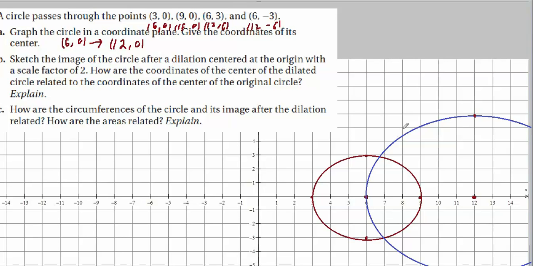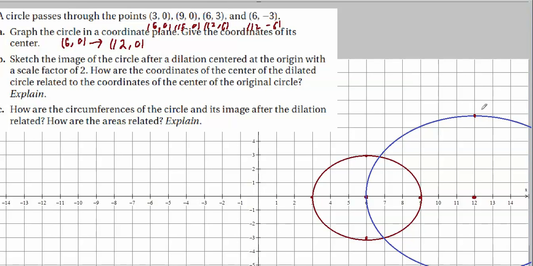Well, for instance, the center of the original circle is (6, 0). The center of the dilated circle is (12, 0). So the coordinates doubled, which makes sense. It was a dilation factor of 2.